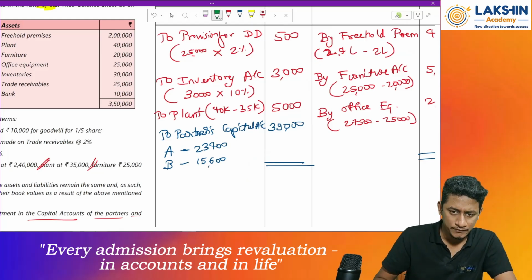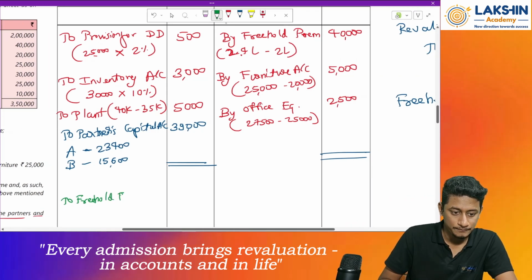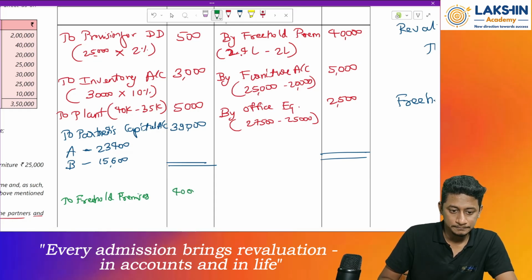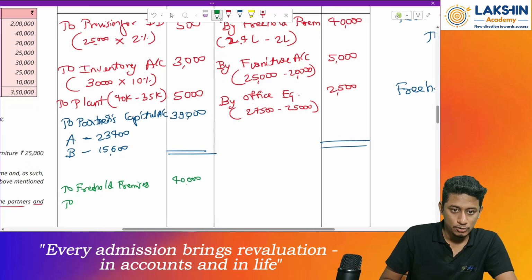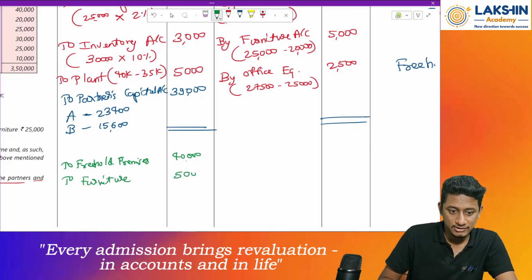So now do. Start with the credit side. So to freehold premises. Same amount, rupees 40,000. Then to furniture rupees 5,000. Then to office equipments rupees 2,500.